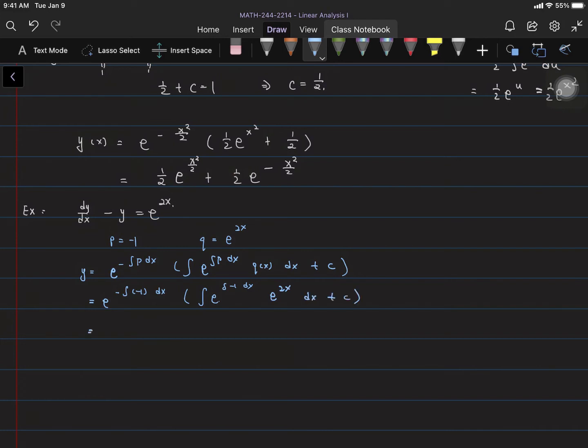And the integral of 1 is x, so e to the x positive, right? And e to the negative x, and e to the 2x dx plus c.